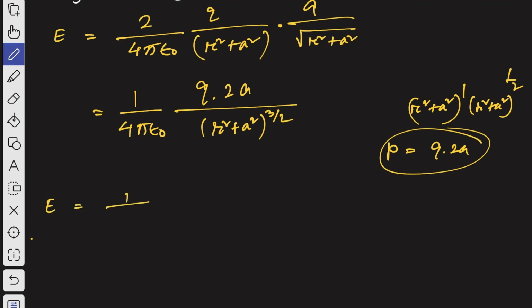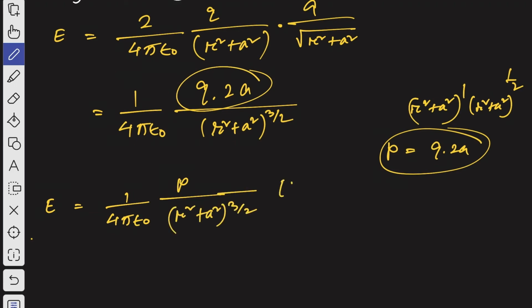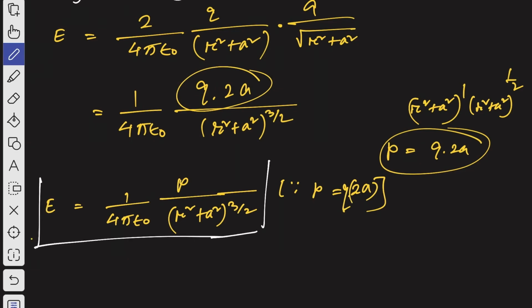So this E is equal to 1 by 4 pi epsilon naught, P by R square plus A square whole to the power 3 by 2, since these terms become P, the magnitude of dipole moment, Q into twice A. So that is what we have got: the electric field at a point P on the equatorial line of an electric dipole.